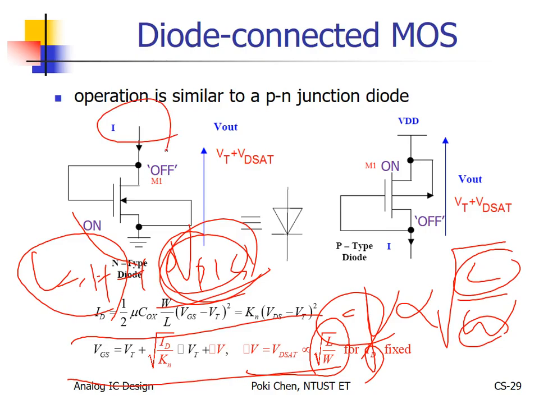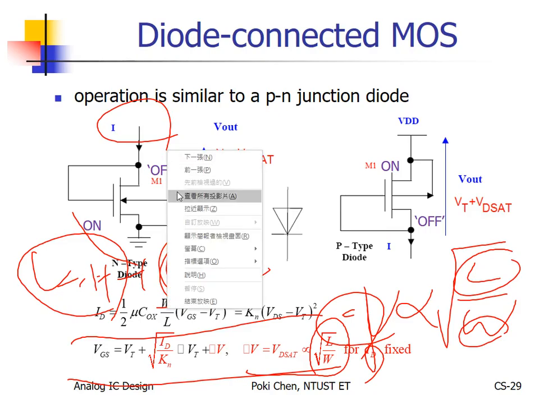This is what I need to point out: usually we suppose that the bias current is fixed during your fine tuning. If you would like to change your W and L, usually the condition is that the bias current is fixed. Then you will see a very important idea.